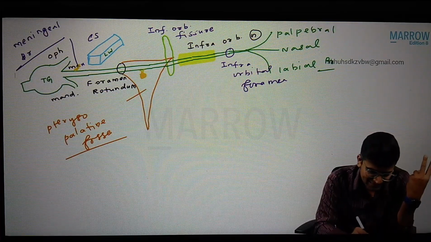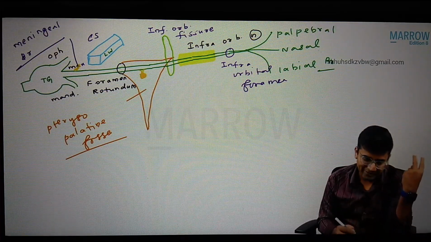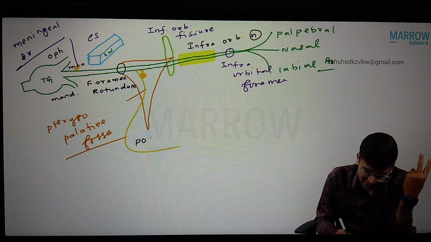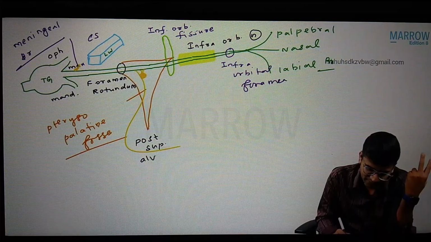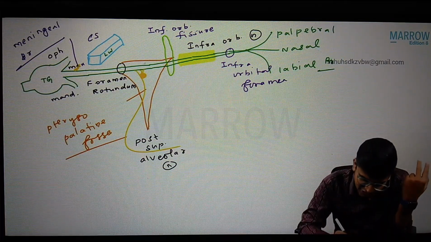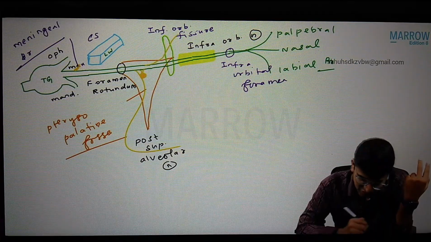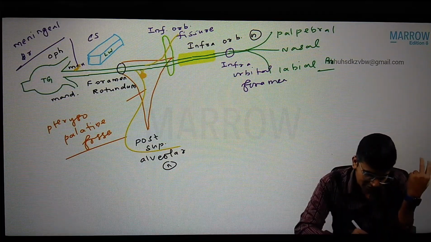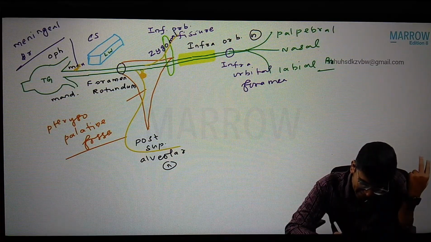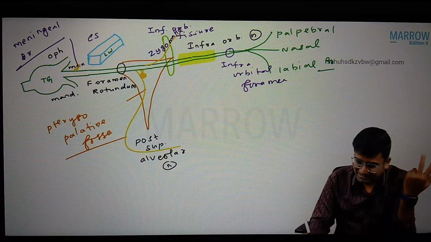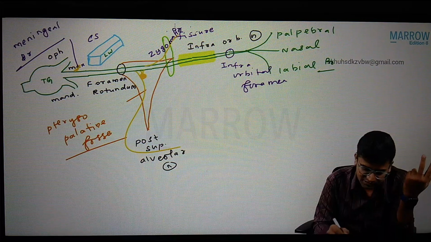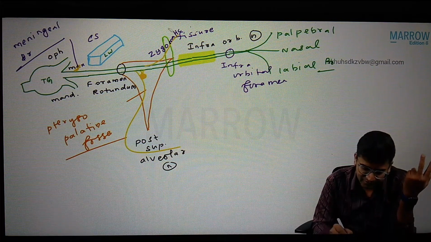This branch is the posterior superior alveolar nerve, and one more branch it gives is the zygomatic branch.